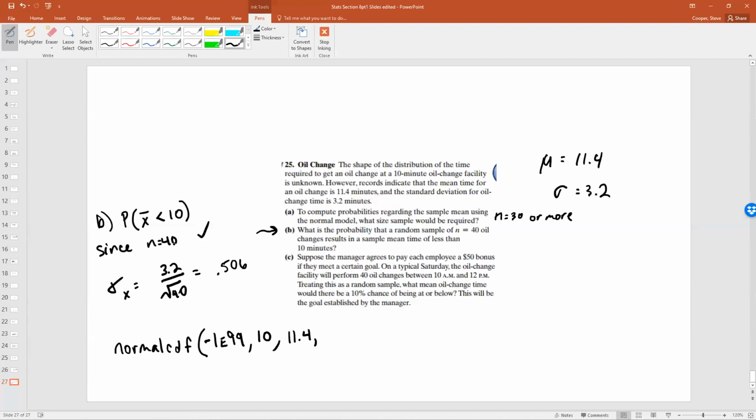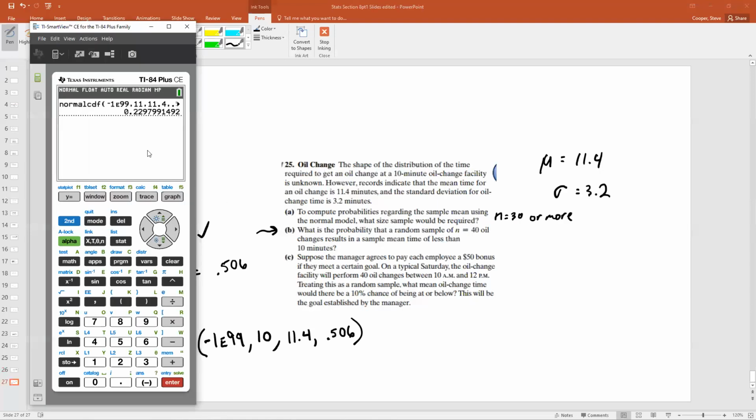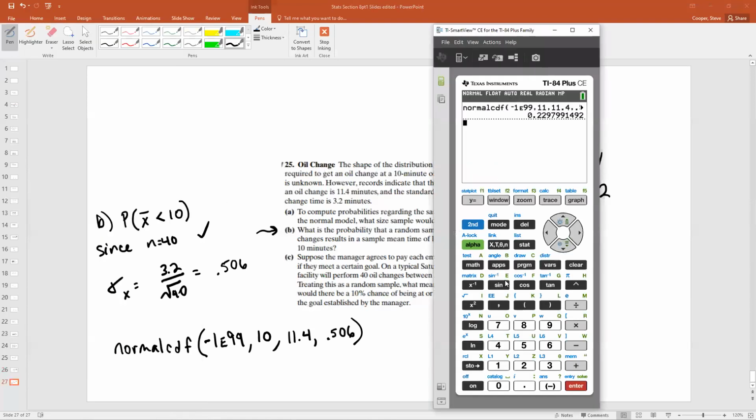And with 40 at a time, our new sigma is 0.506. Okay, that's good.